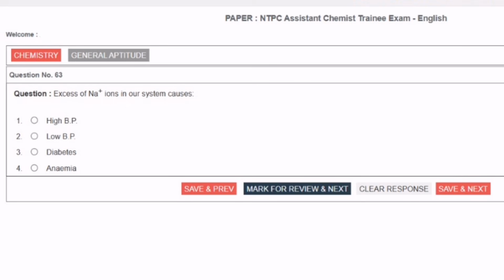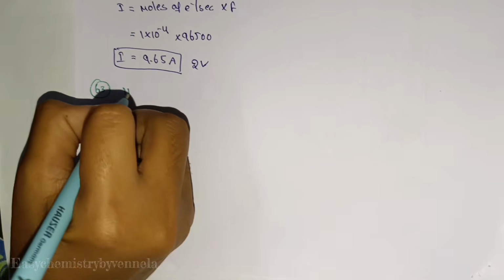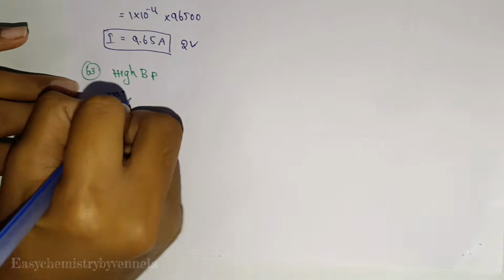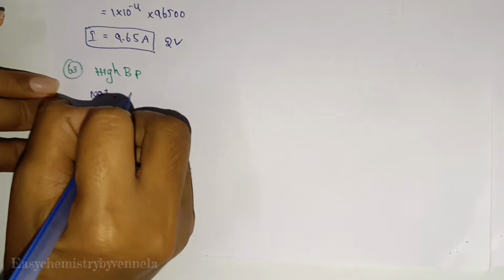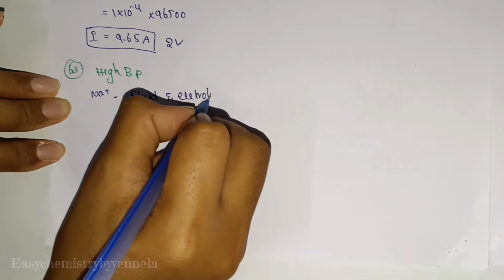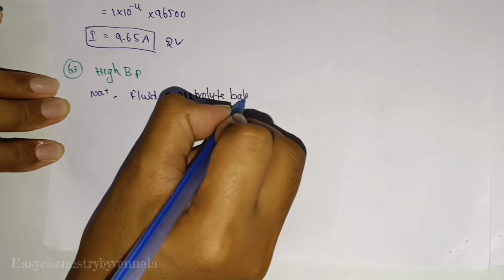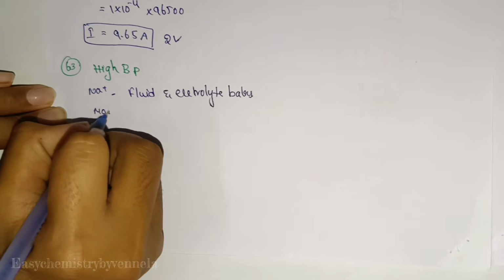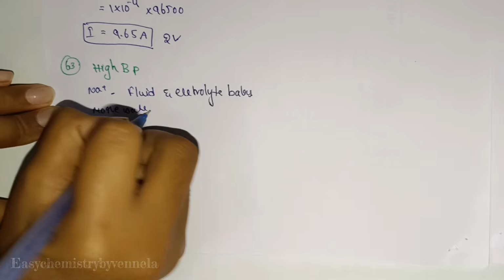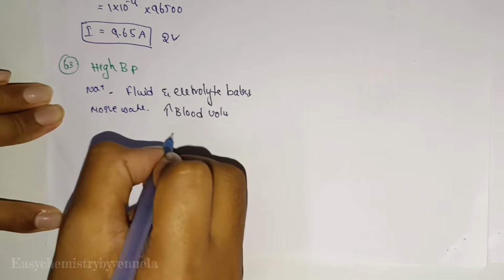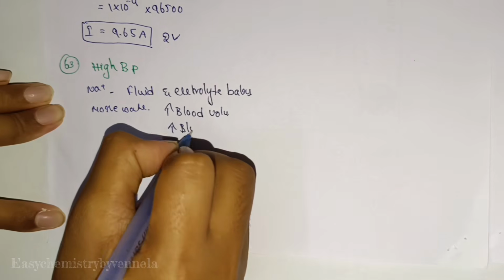Next question. Excess of Na plus ions in our system causes high BP. Na plus maintains fluid electrolyte balance. In the body, it causes the body to retain more water, so it increases blood volume, so it increases blood pressure.